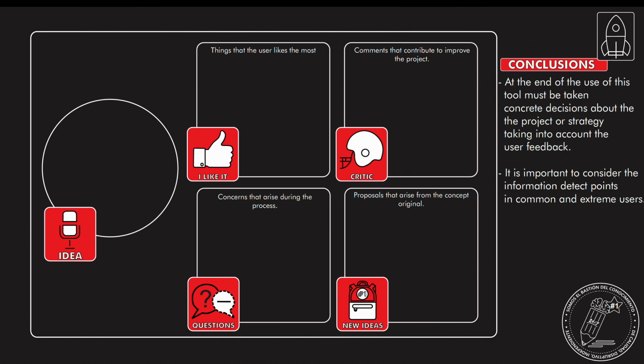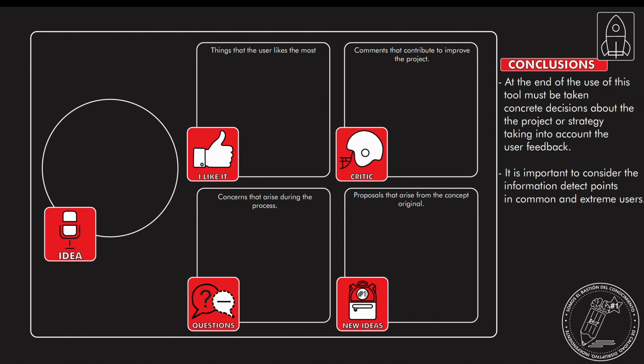As a conclusion, we can say that at the end of the use of this tool, we must take concrete decisions about the project or a strategy, taking into account the feedback the users give us. It is important to consider the information, detecting points in common and extreme users.